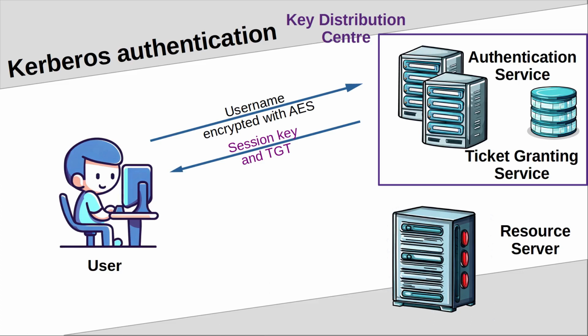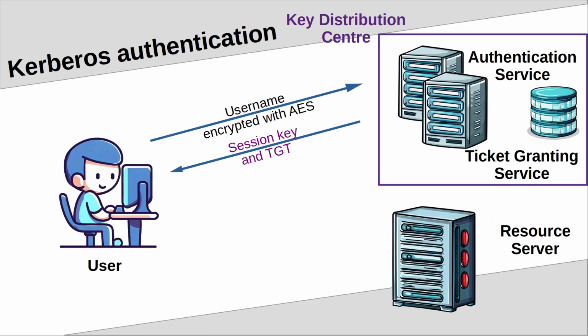The session key is encrypted with a hash of the user's password. The Key Distribution Center also creates an encrypted timestamped ticket granting ticket. The encrypted session key and the ticket granting ticket are sent back to the client.